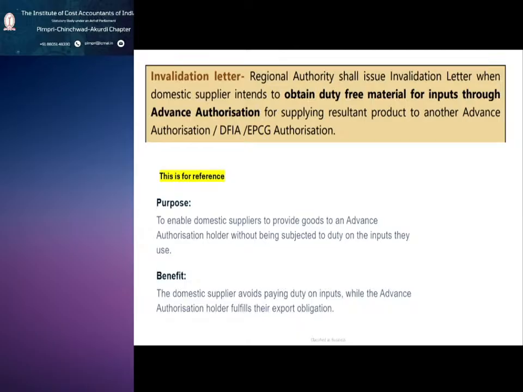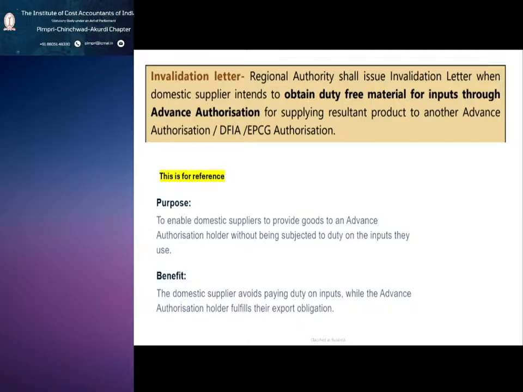Say for example, I am going to manufacture wooden furniture, and I have applied for the advance authorization and received the advance authorization license. Now I am not going to import directly. I approach the domestic supplier.